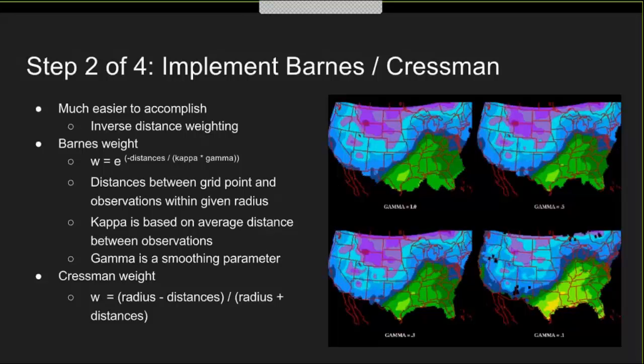For both Barnes and Cressman, they're doing basically the same thing, just with different approaches. I believe this is a map from Unidata's page where they show an example of mapping these sorts of things.